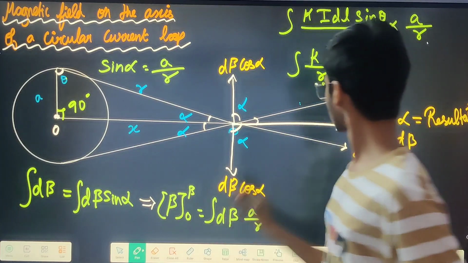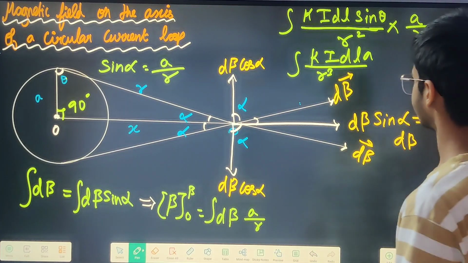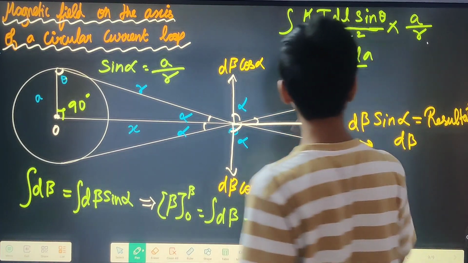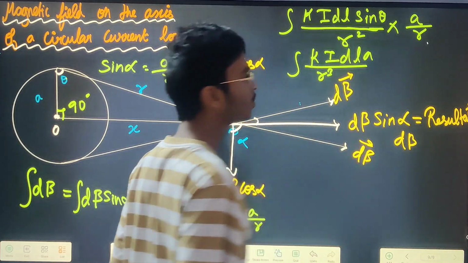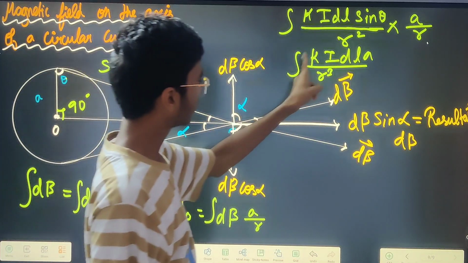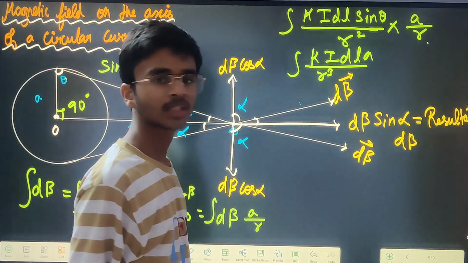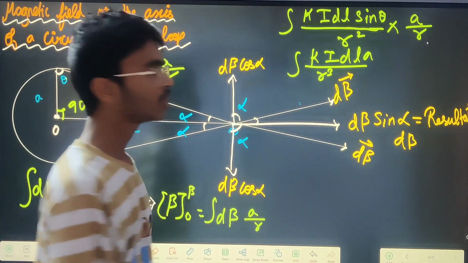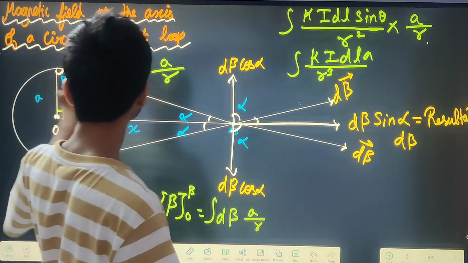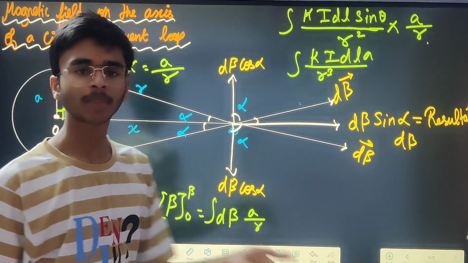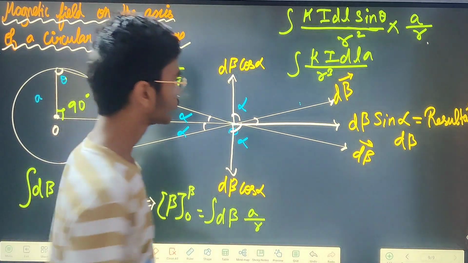Okay. So now I have got this. After this, integrating dl will become L. All these are constants. K, I, R cube, A are constant, so I can take them out. Only dl I am going to integrate. When I integrate dl, it will be just L, and the length of the circular loop is what? 2 pi r.